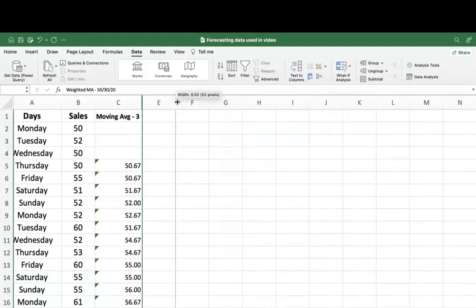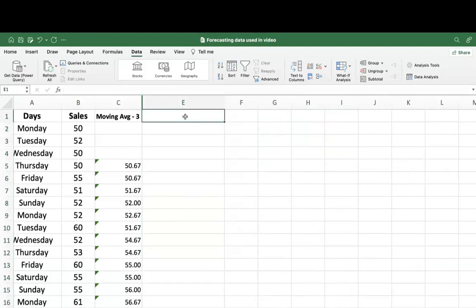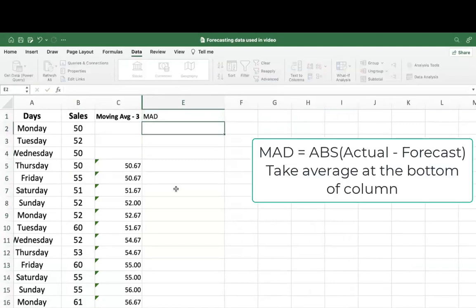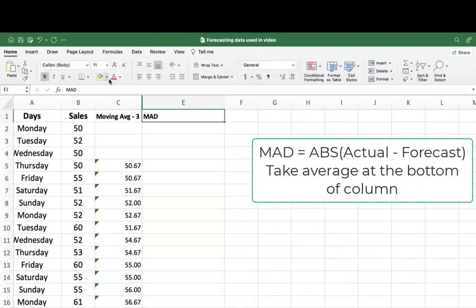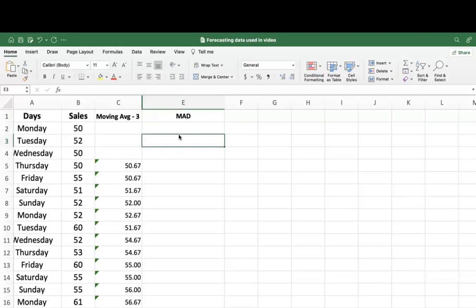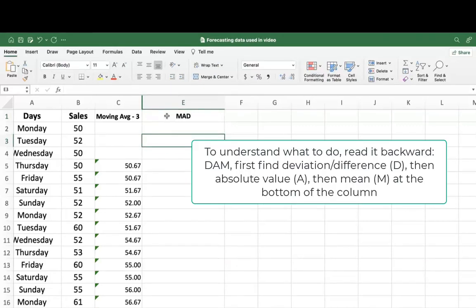Now, let's say we want to see how robust this moving average is, and I want to use the MAD technique. MAD stands for mean absolute deviation, and this is also called mean absolute error. Now, the idea is that you just read it backward.